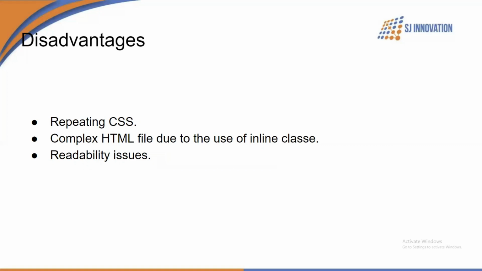And there is the complex HTML file, because whenever we use those classes in our HTML file, it makes the HTML file much larger and bigger. And since we are adding those classes, it creates some readability issues.